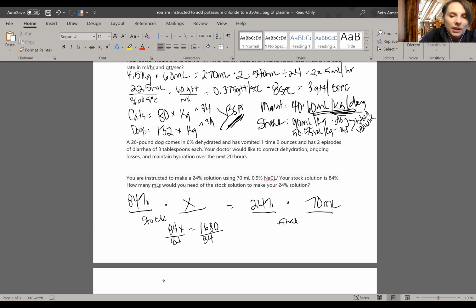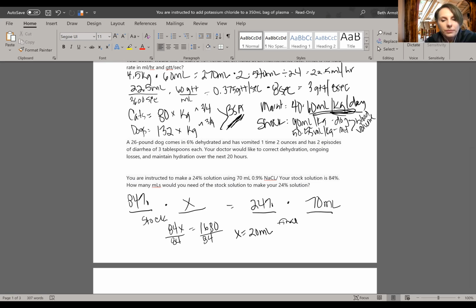And we get x equals 20 mLs. So that means that we need to take 20 mLs of our stock solution and put it into the 70 mLs of our total sodium chloride, right?